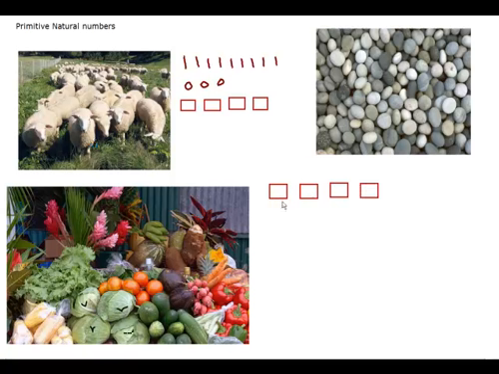So the child has counted, and for simplicity ask the child to join these, so that he gets the feel for the number of cauliflowers which are there. So this becomes the representation of the number of cauliflowers.